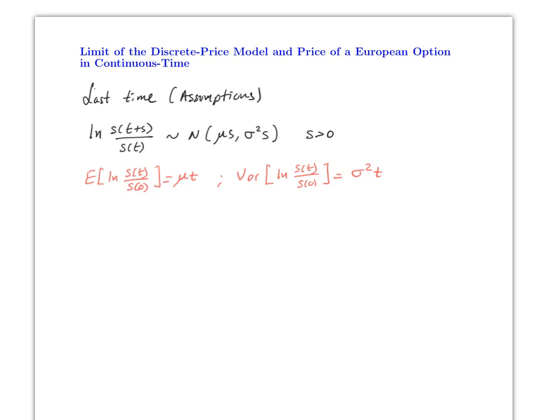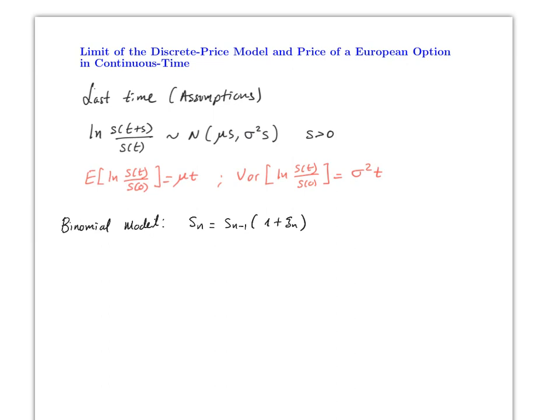Also from way back in the class, remember we have the binomial model, where S_n was equal to S_{n-1} times (1 + C_n).